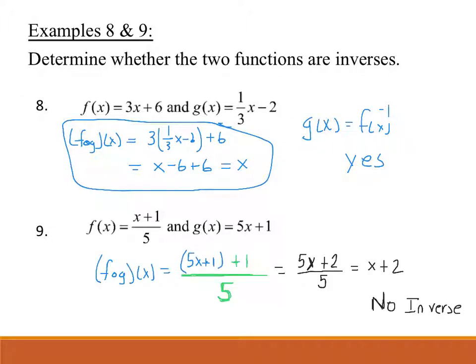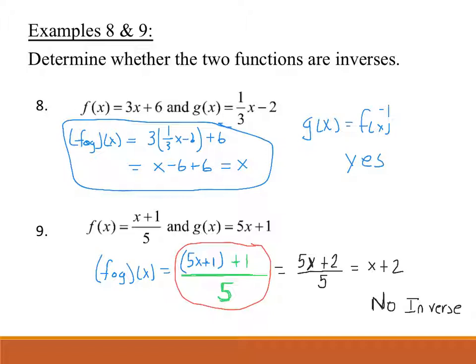So now you can see we did f composite g of x. And when we did the composite, we put g of x in for x in the function f of x. And we see we did that here, and then we did some manipulation.